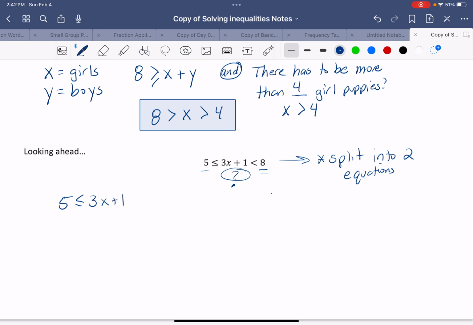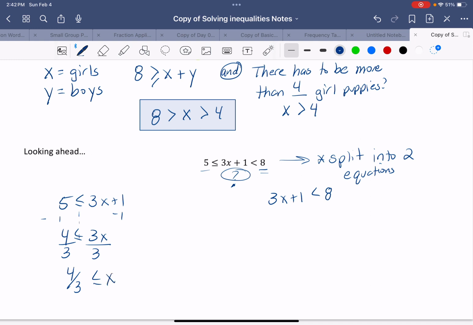And on the other side, I'm going to go 3x plus 1 is less than 8. So I'm going to take the first one and create a problem like this. And then I'm going to create a second problem with the second half of this. All right, let's do this really quick. And then I'm going to divide by 3. So now I have 4/3 is less than or equal to x.